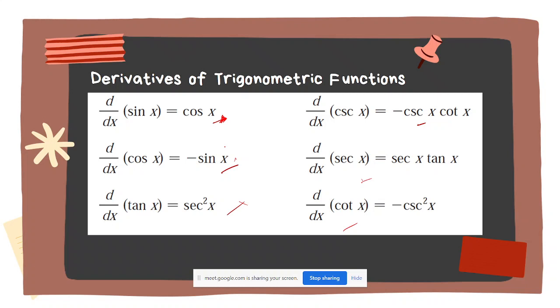Intindihan nyo? Meron kasing BS Chem tinapos pero nagtuturo ng math. Kung paano tinuro sa kanila, ganun din i-apply sa inyo. But for this lecture, we are going to teach you how to utilize mathematics in engineering applications. So, basically, we need to use shortcuts para mapadali ang buhay natin.